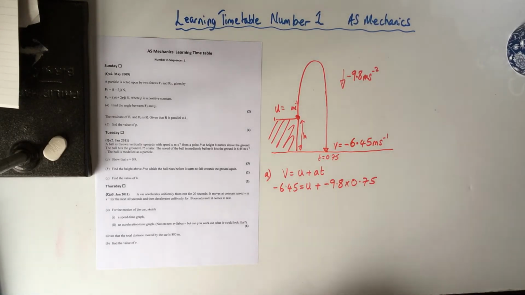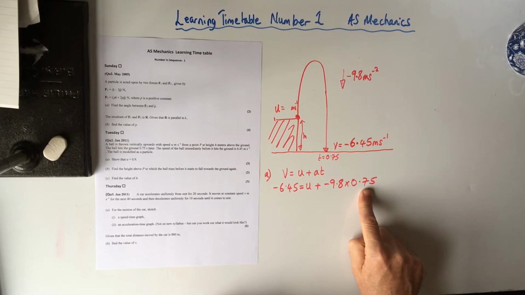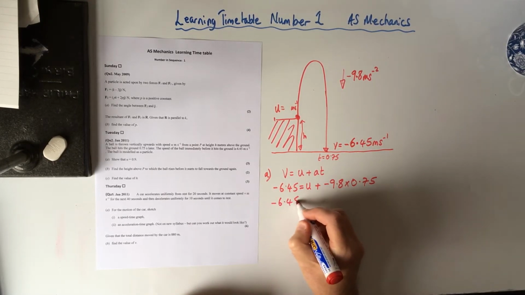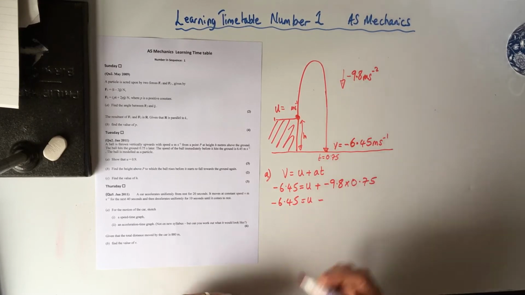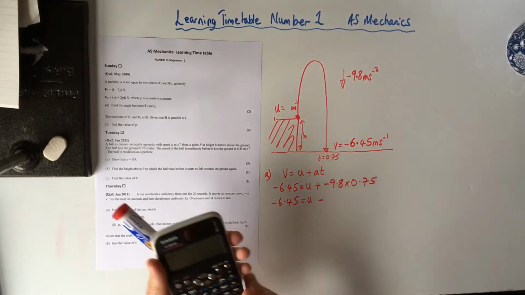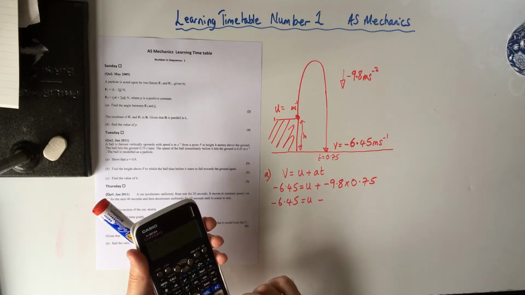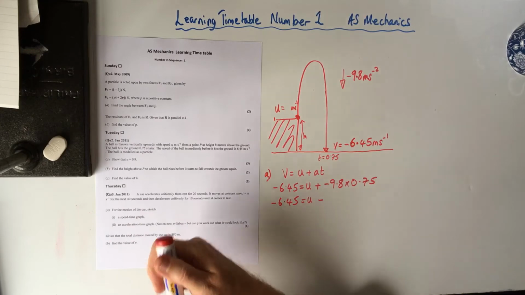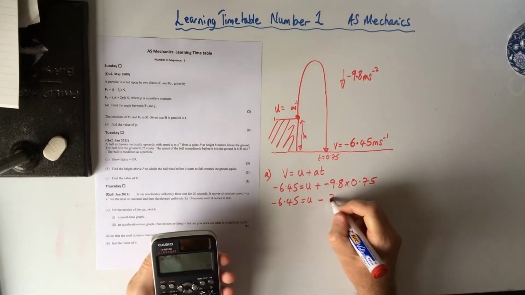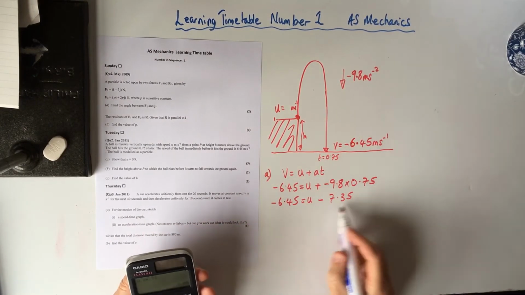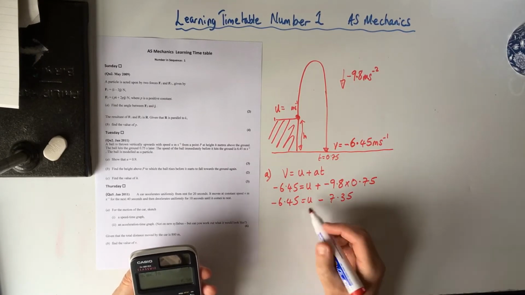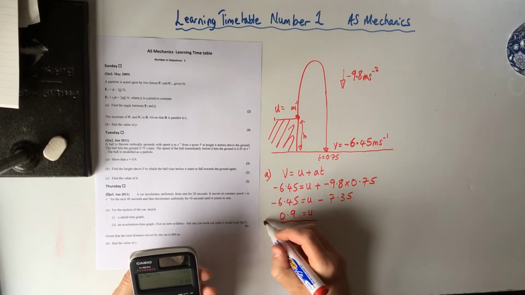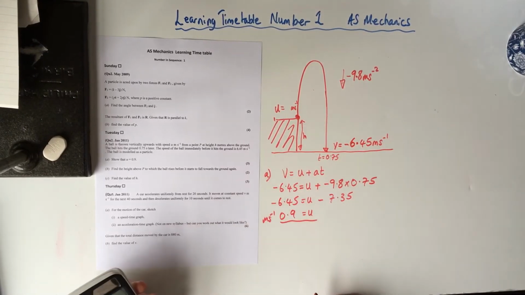So if you multiply that out, you get minus 6.45 is equal to u minus 9.8 times 0.75, which is 7.35. Add 7.35 to both sides, you get u is equal to 0.9. That's meters per second to the minus 1.